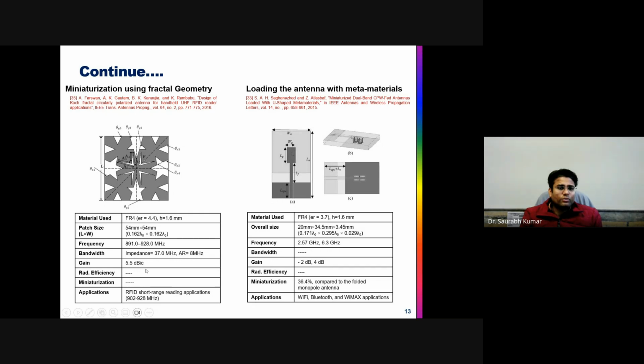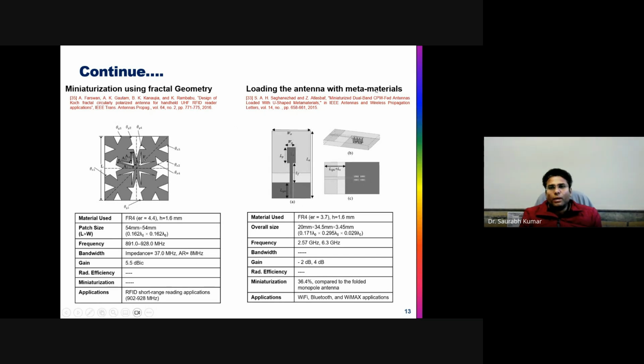If you reduce by 3 dB from here, 2.5-something dB is the real gain of this antenna. The miniaturization is not mentioned here, but they are just giving that it is miniaturized. Obviously, it will be miniaturized as compared to a normal square or nearly square patch.